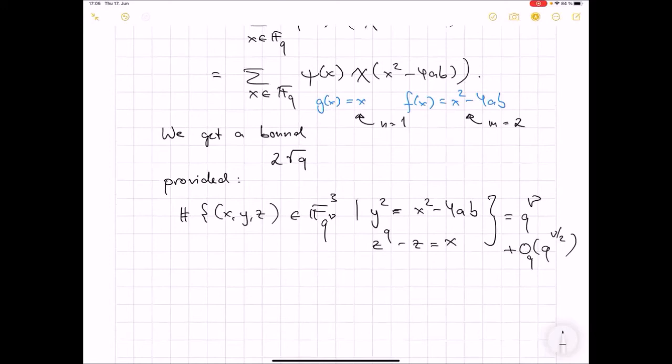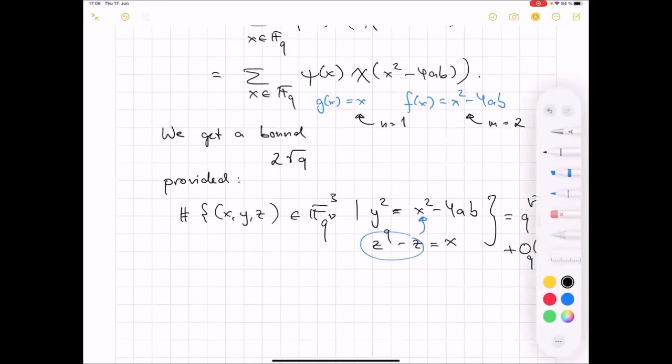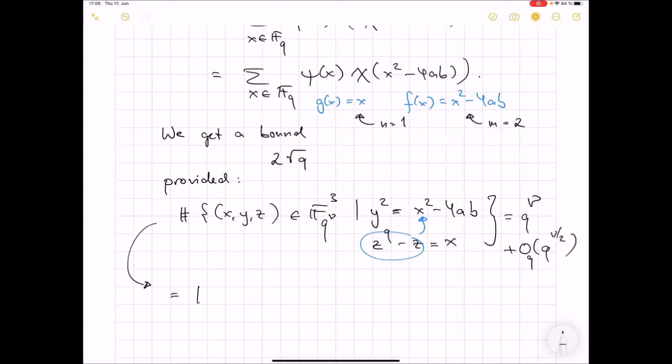All right. But you see, the point is that this is linear in x, so we can simply substitute this into here. And so this just equals the number of all y, z in F_q to the nu squared, such that y squared equals z to the q minus z, squared, minus 4ab.